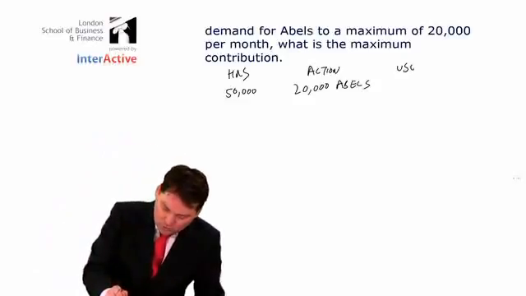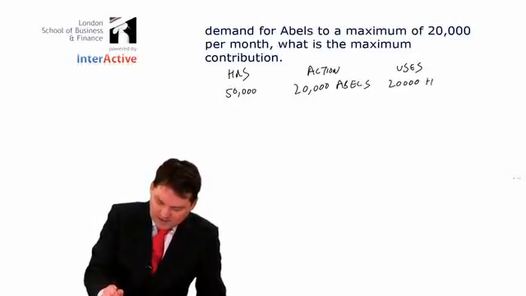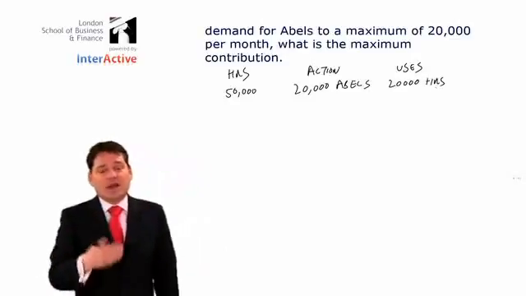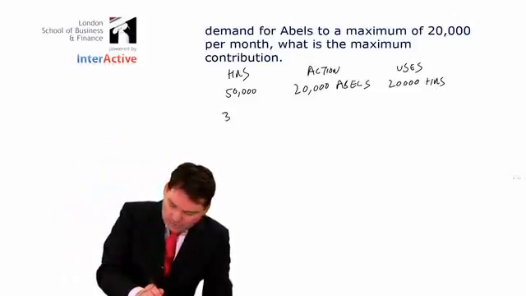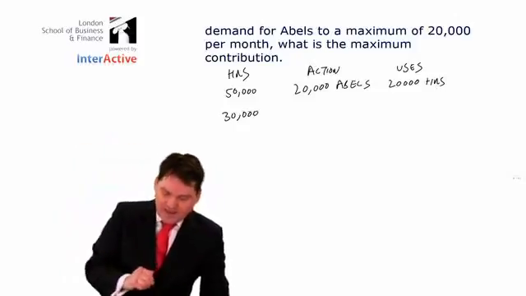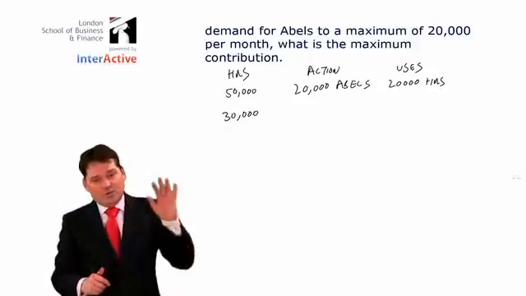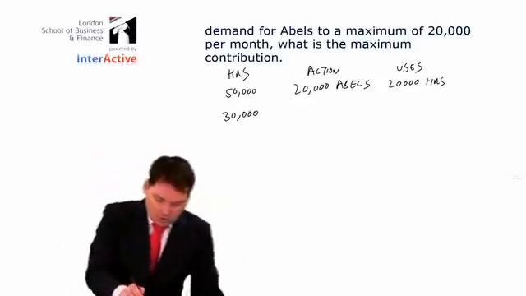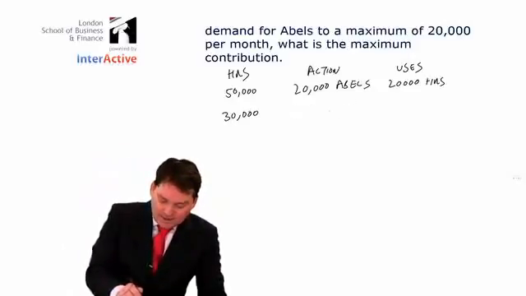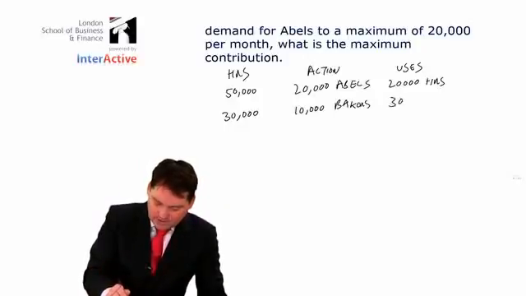So that uses up 20,000 hours, and they're 1 hour each. So we will now have 30,000 hours remaining. We started with 50, we've used up 20, we've got 30 left. What do we do with that? We make 10,000 Bakers. And that uses up the remaining 30,000 hours.